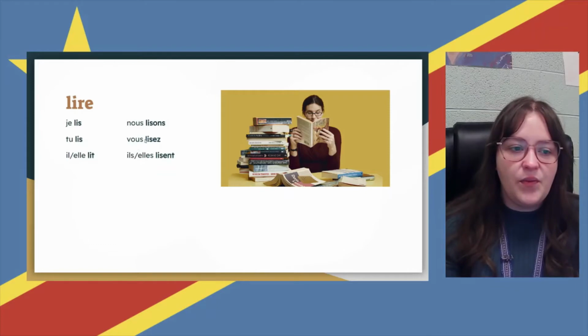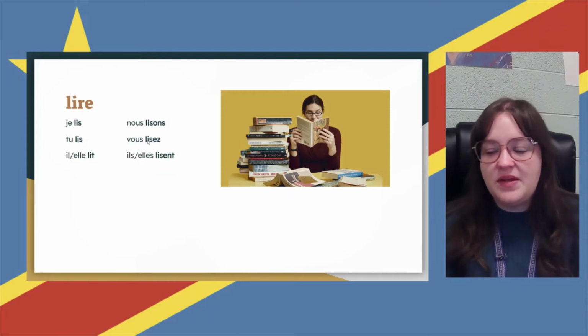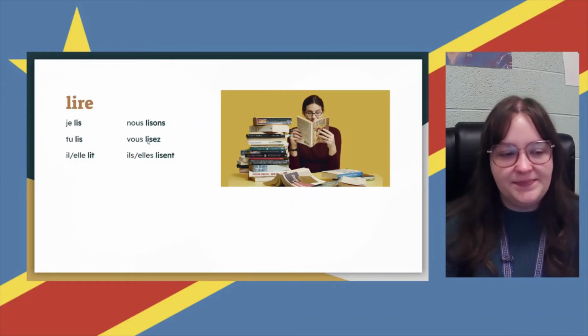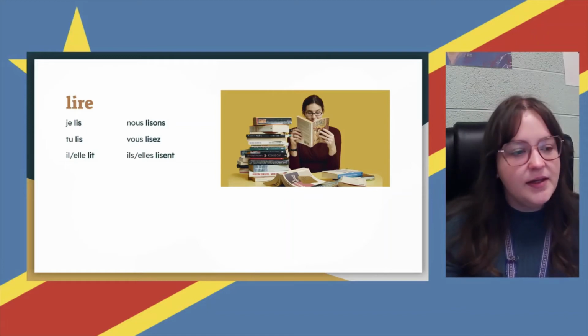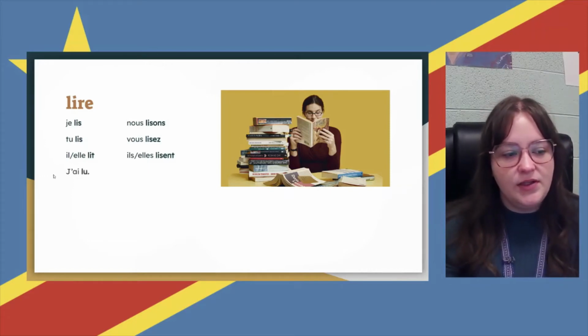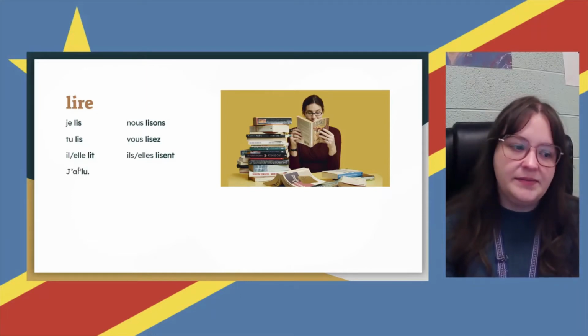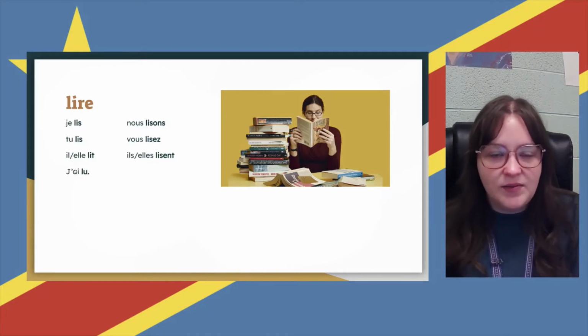This is how you've seen it in some directions when it says lisez, something or other, read, such and such. That's where you've seen it. And then the past participle is lu. J'ai lu, I read. Avoir is the helping verb, because it's not a Vandertramp, so it has to be avoir.